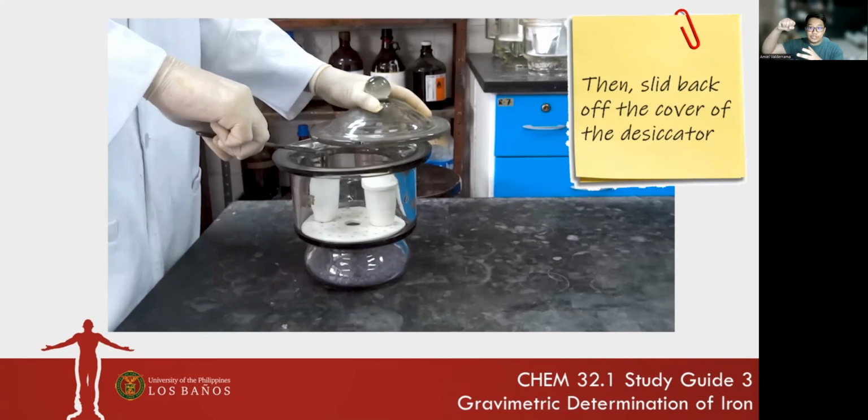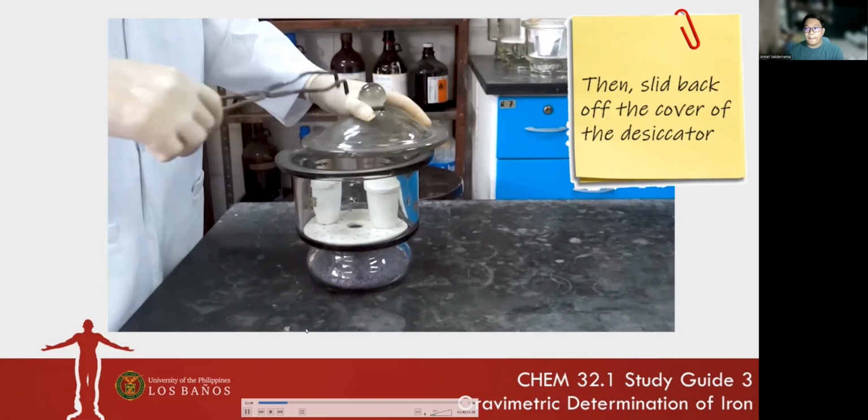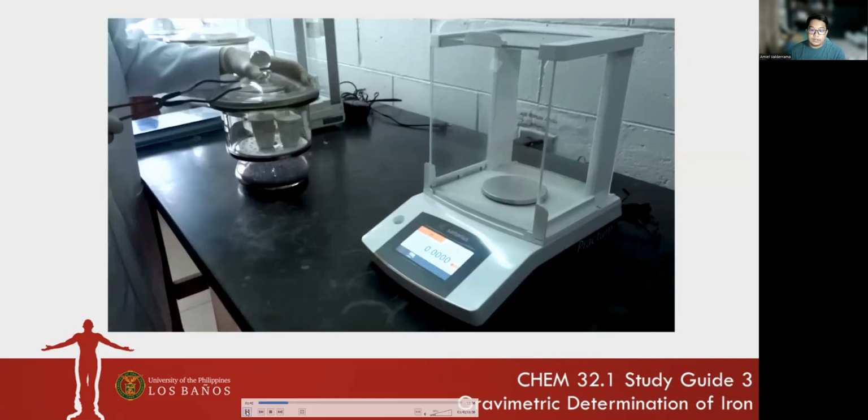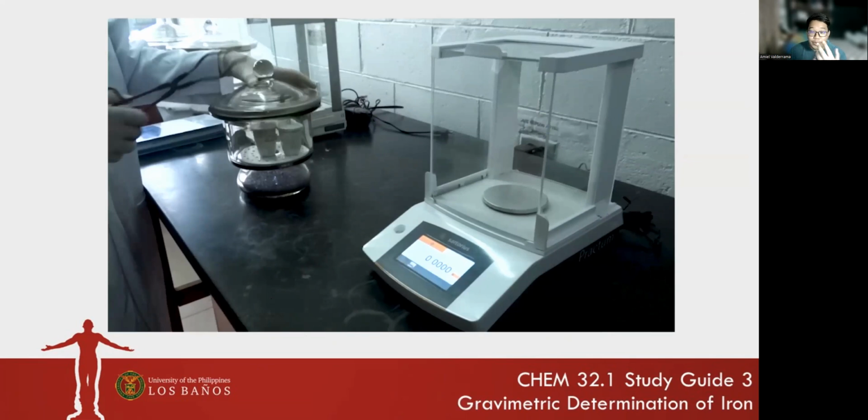So slide off the cover of the desiccator to give you an opening enough for you to put inside your crucibles. And then you will go to your weighing room to weigh your crucible. By weighing, we just need to tare it, and by tearing, we just need to get the constant mass of the crucible.